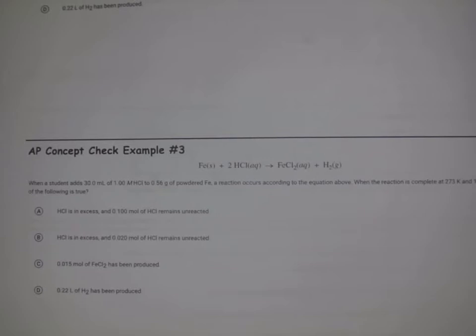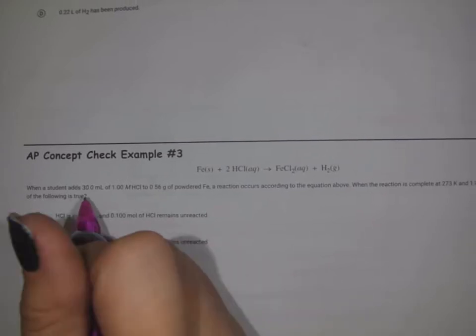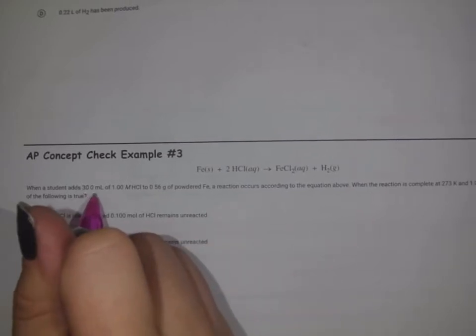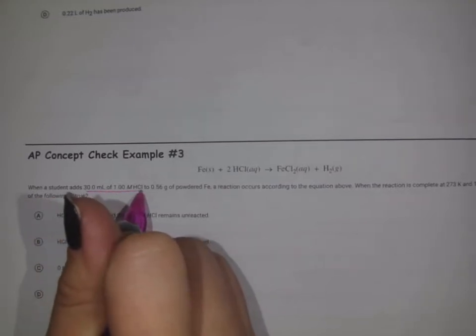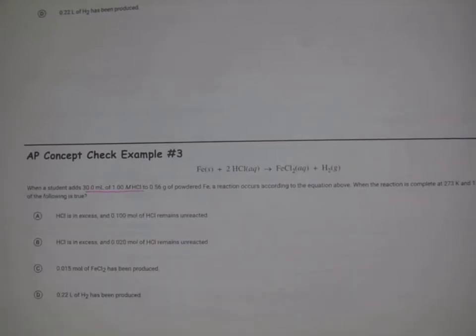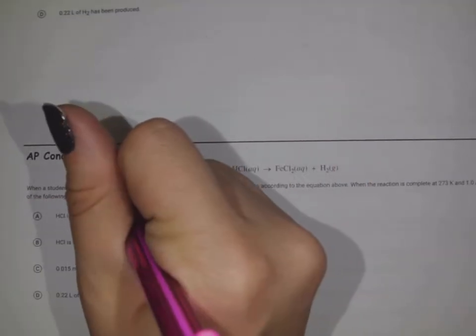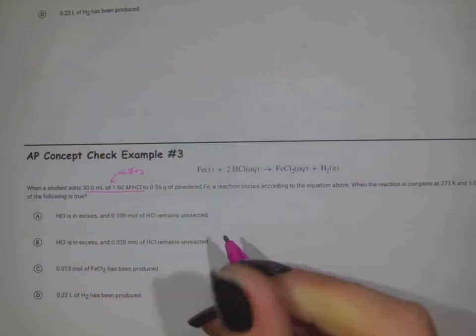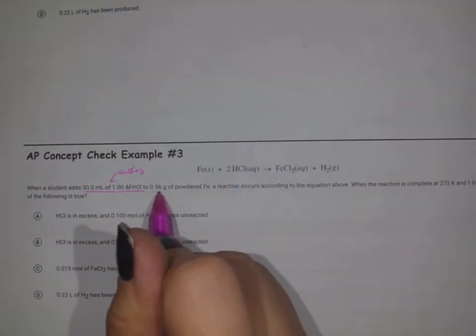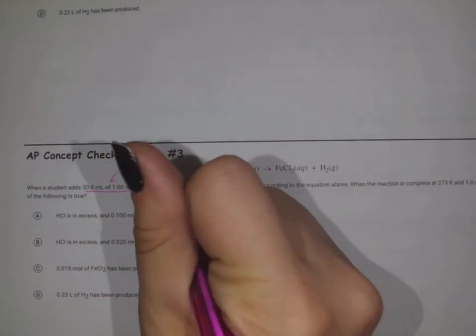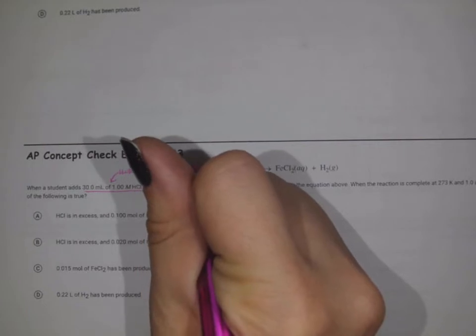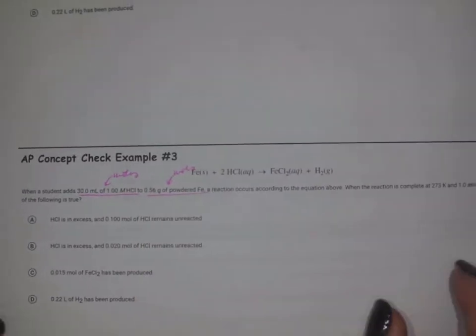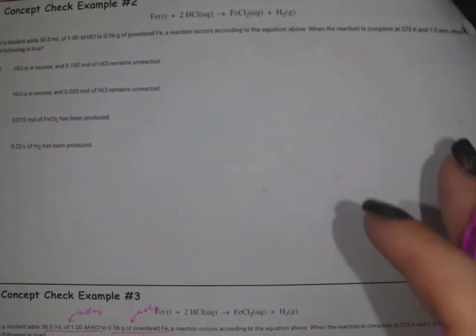So I know I'm going to need to go from this 30 milliliters of 1 molar HCl. I'm going to figure out how many moles this is. And same with the 0.56 grams of iron, I need to figure out how many moles, because that's what can go inside my BCCA table. So I'm going to use this space up here.